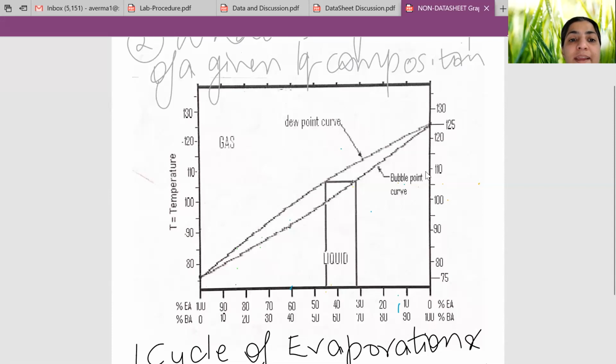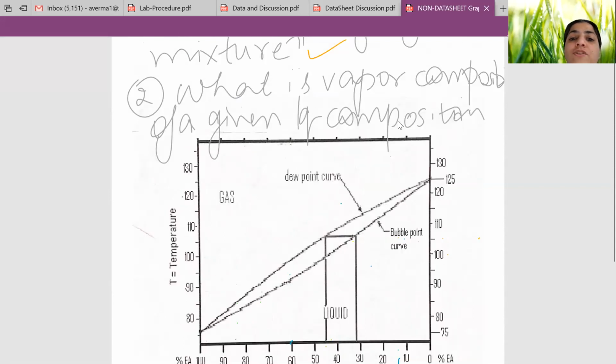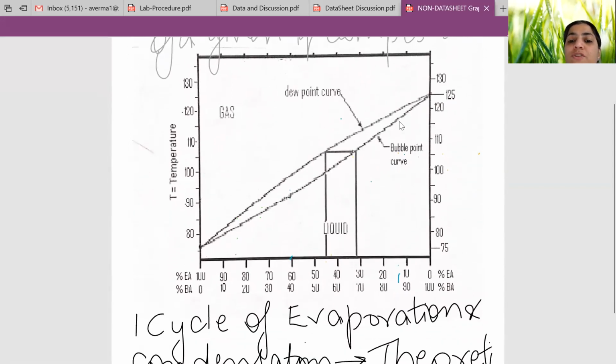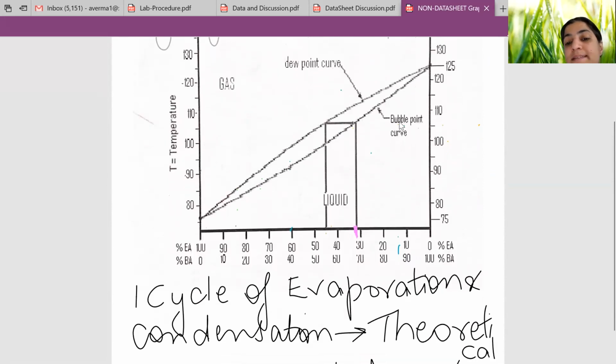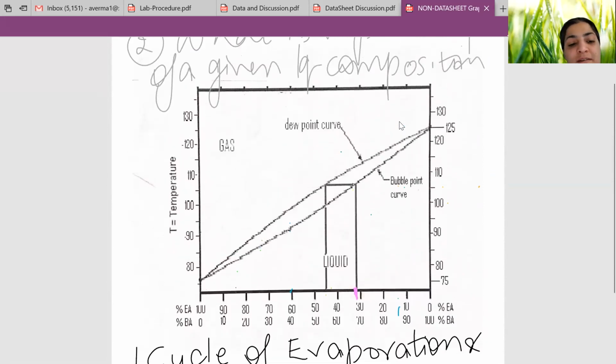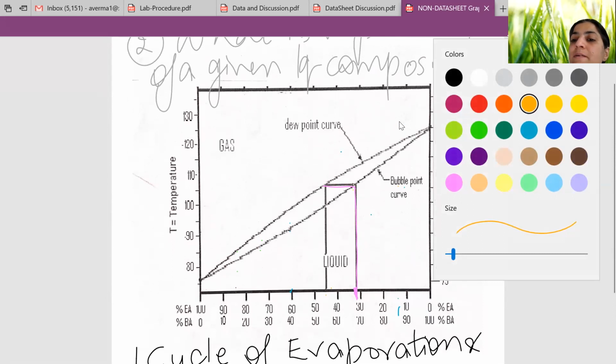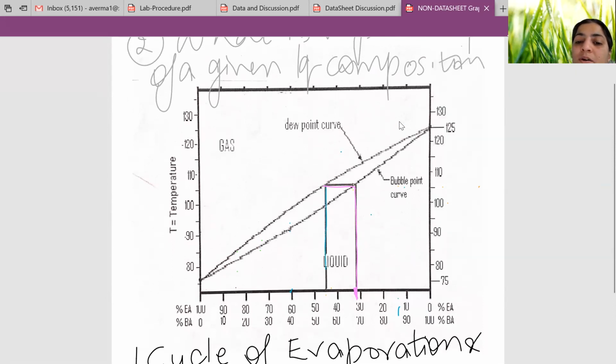To answer our second question, what is the vapor composition of a given liquid composition? Again, your given liquid composition is, let's say, 33% ethyl acetate and 66% butyl acetate. You will evaporate it, you will cool it. Once you cool it, now you will see what is the corresponding composition.